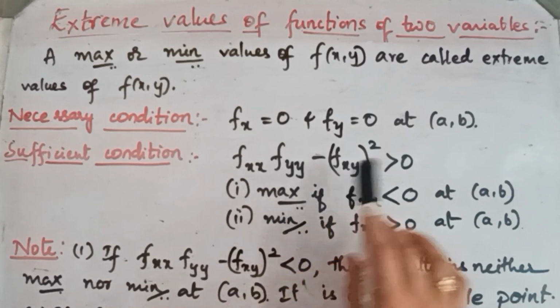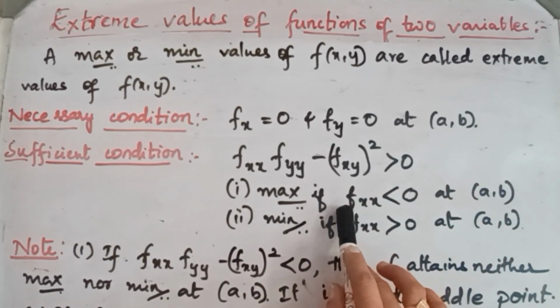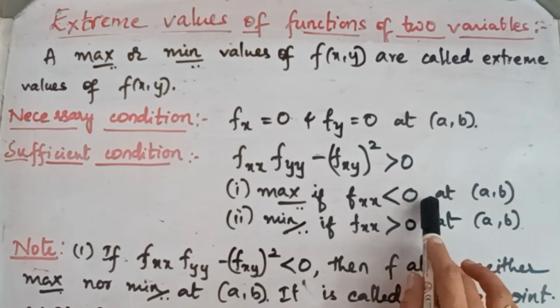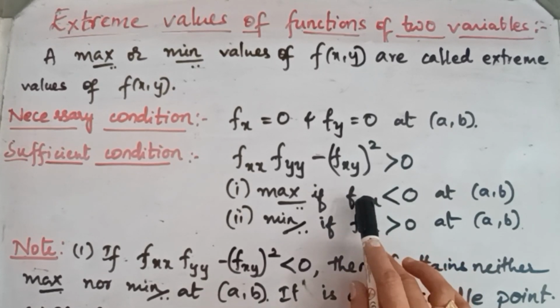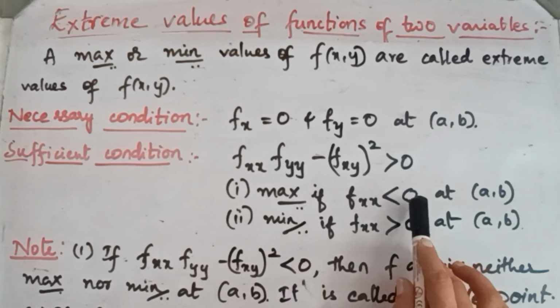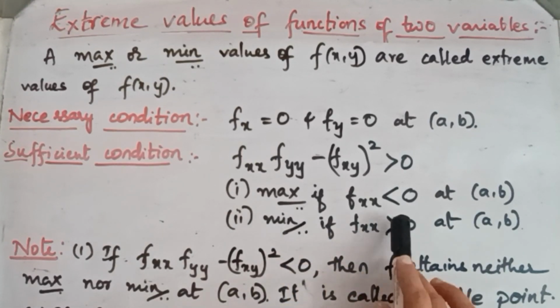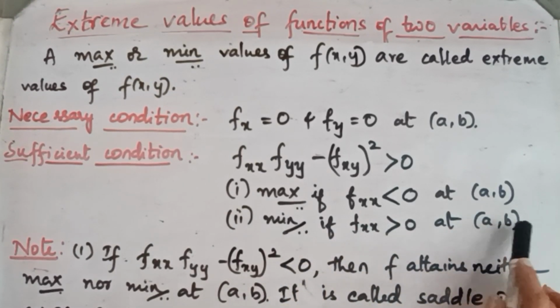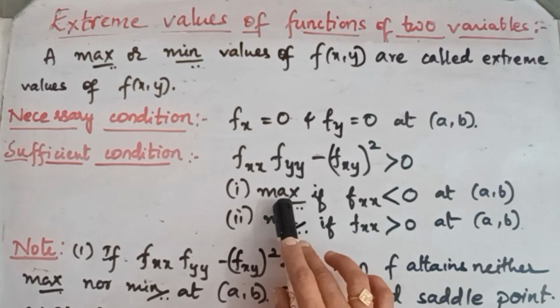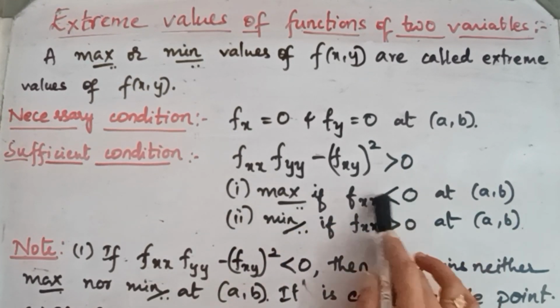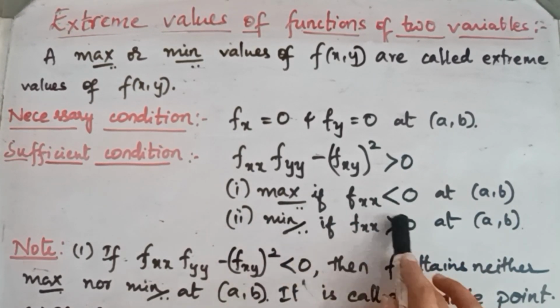Then that point has a maximum if fxx is less than 0, that is, the second partial derivative of f with respect to x is less than 0 at that point, and a minimum if fxx is greater than 0 at the point (a, b). So you can remember it like this: for maximum it is lesser than, and for minimum it is greater than.